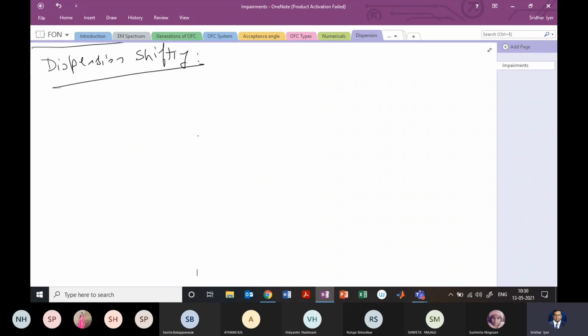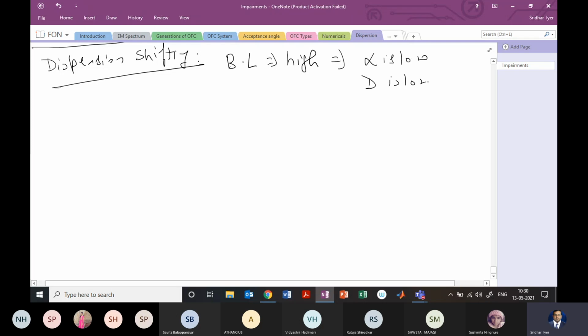Therefore, the bandwidth length product, which is one of the performance indicators, can be high. For this to be high, alpha should be low and the dispersion D should also be low, right? That is our aim in understanding these kinds of fibers.